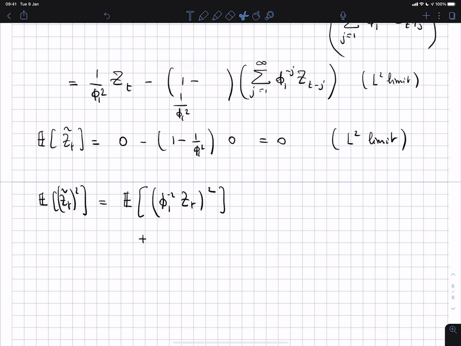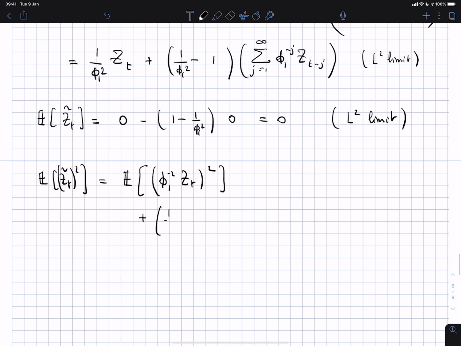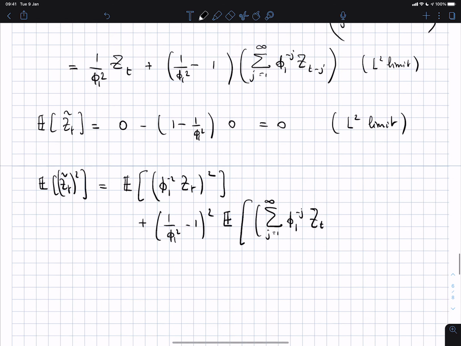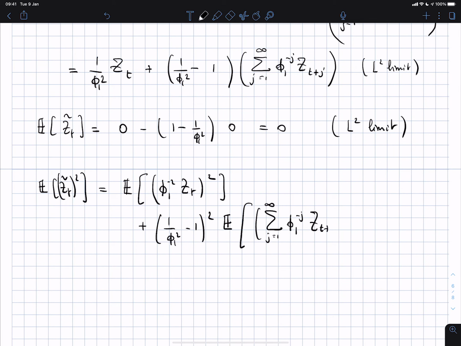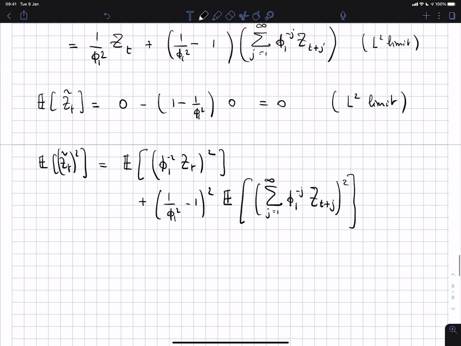So I'd exchange these two guys like that, and I put a plus sign here. So then I have this times this, no, sorry, it's not a minus j, it's a plus j here. Squared, and then I have twice this.